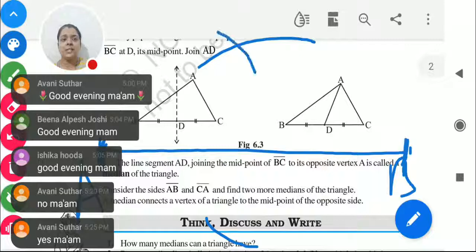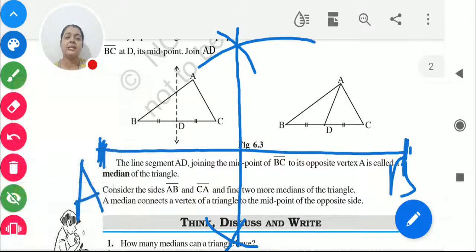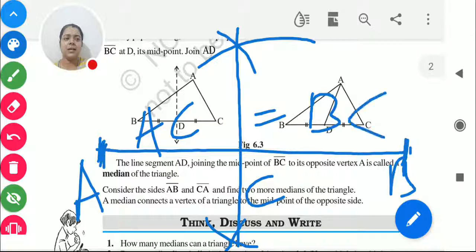It forms a straight line through the center, which divides the line into two equal parts. Remember that.